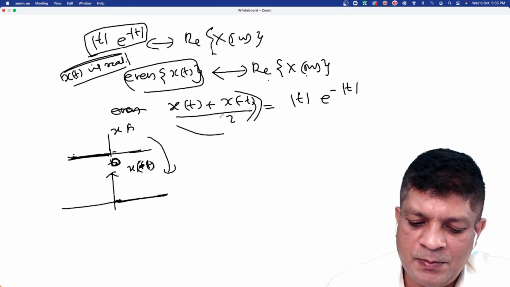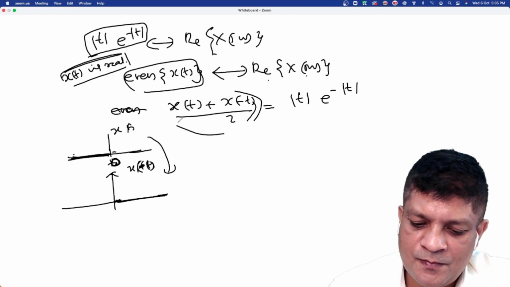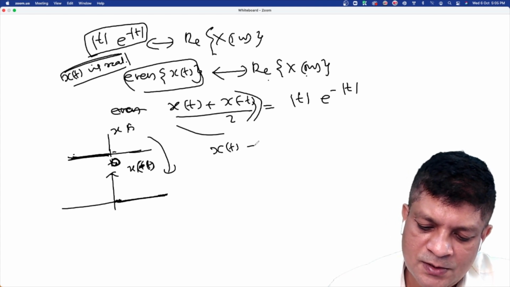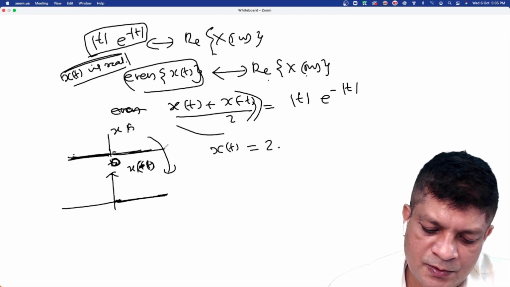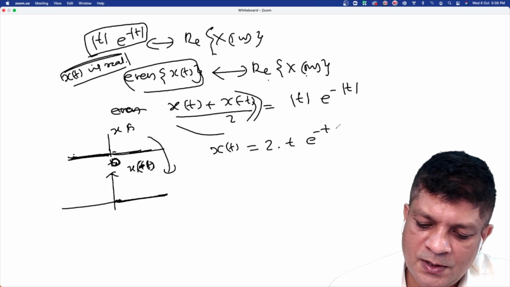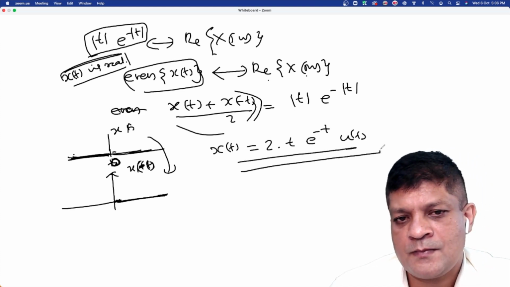So, what is the even part of xt? Is it straightforward? Xt is 2 into this one. It is 2 t e to the power minus t u(t).